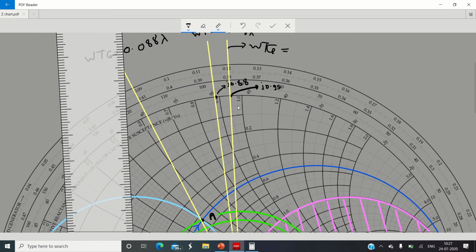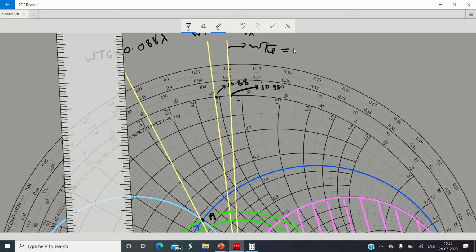So this WTG is approximately around 0.121, or you can take it approximately equal to 0.121, because it is located in between 0.12 and 0.122 lambda. So you can take it as 0.121 lambda.